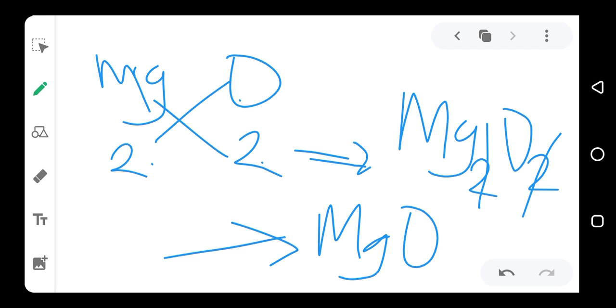So these are non-metals. The ones that have 4 in the outermost shell sometimes behave as metals, some others behave as non-metals. So they are a special case. But the ones that have between 1 and 3, they are metals. The ones that have between 5 and 8, they are non-metals.